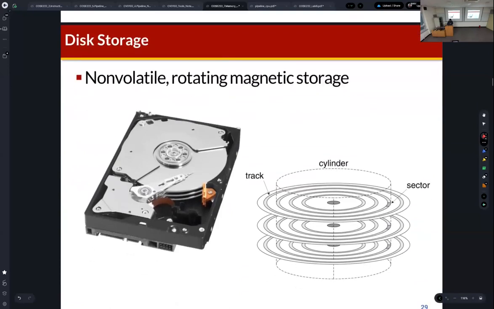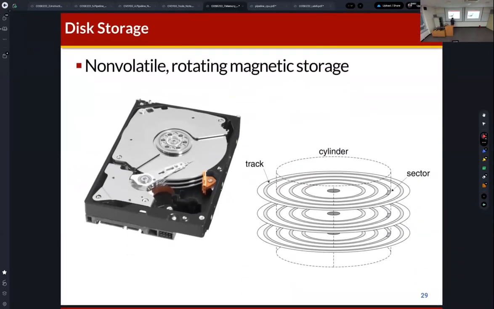But in the traditional computer systems, we use the magnetic disk. Unlike the other memory devices like the DRAM or flash memory, this magnetic disk is a mechanical drive, a mechanical system, which means that we have a motor.